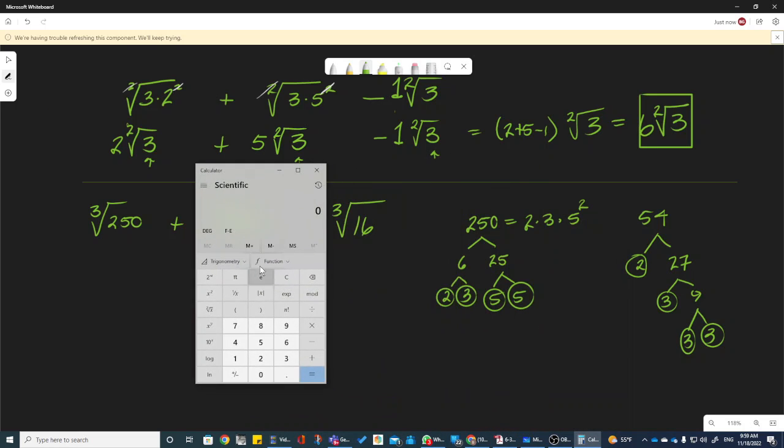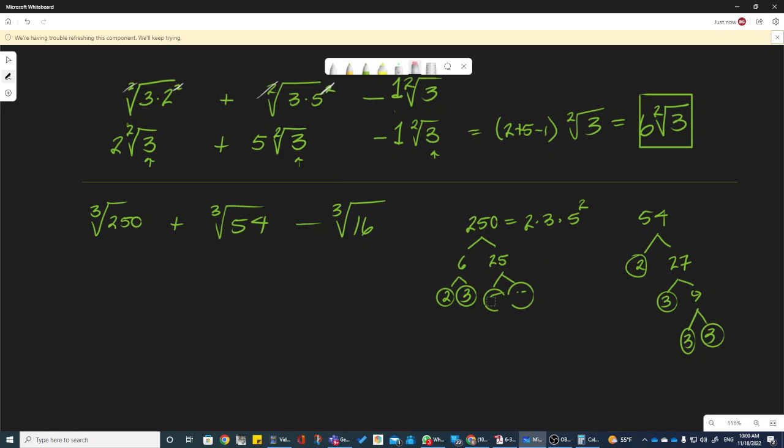And let's just check our math right here. Wait, we gotta fix our factorization here. Okay, so 250 divided by 25. Okay, make this correction.